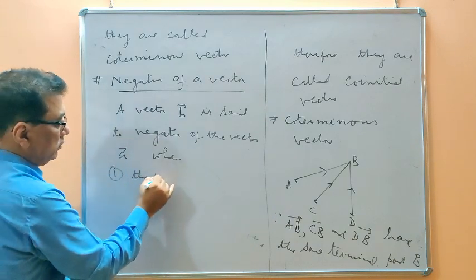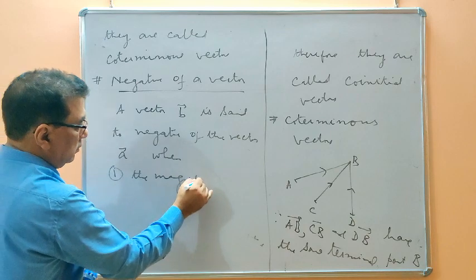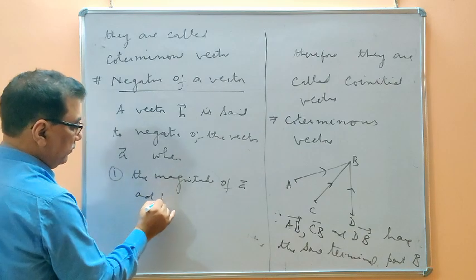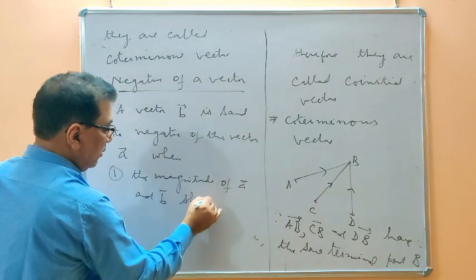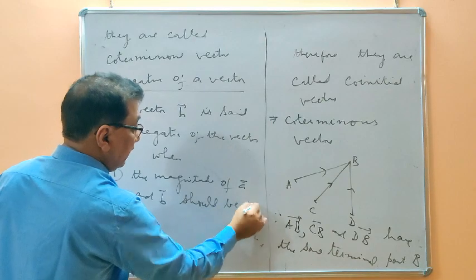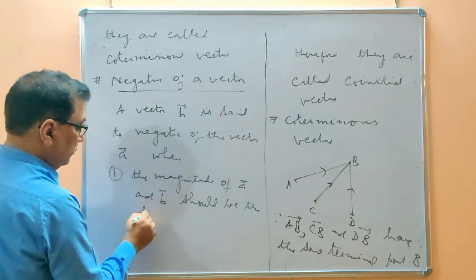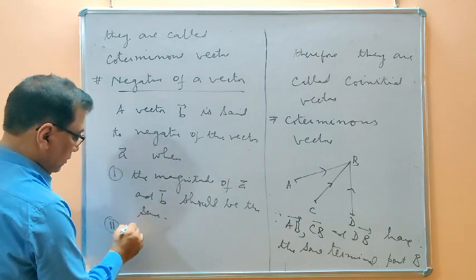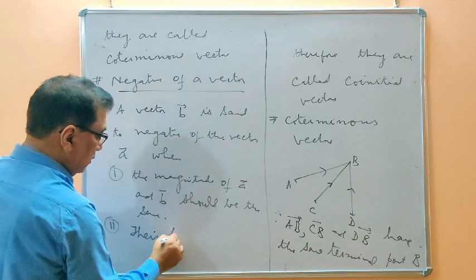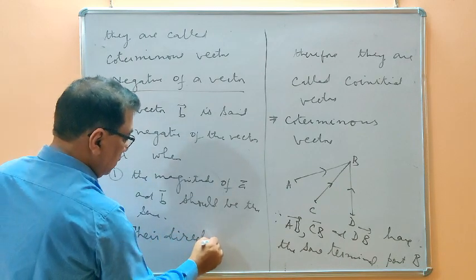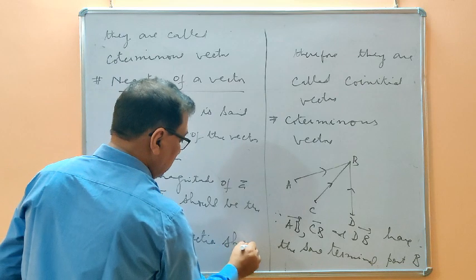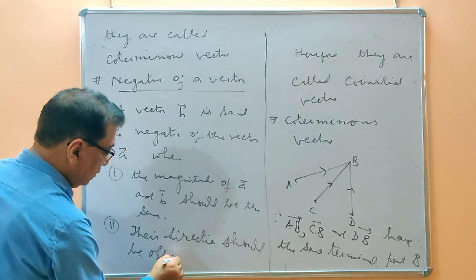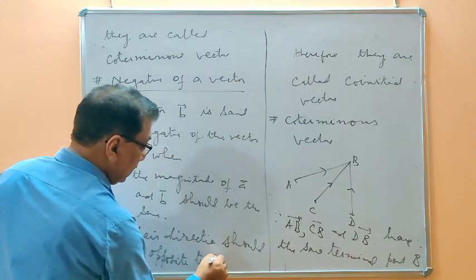The magnitude of A and B should be the same, and the direction should be opposite to each other.